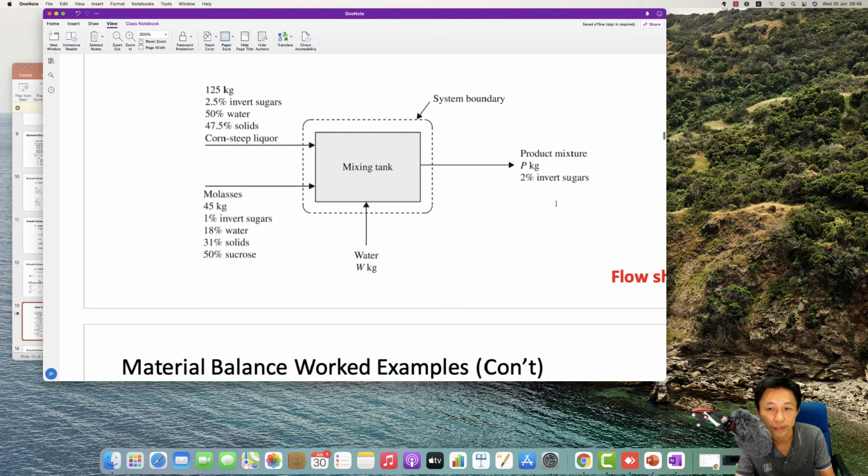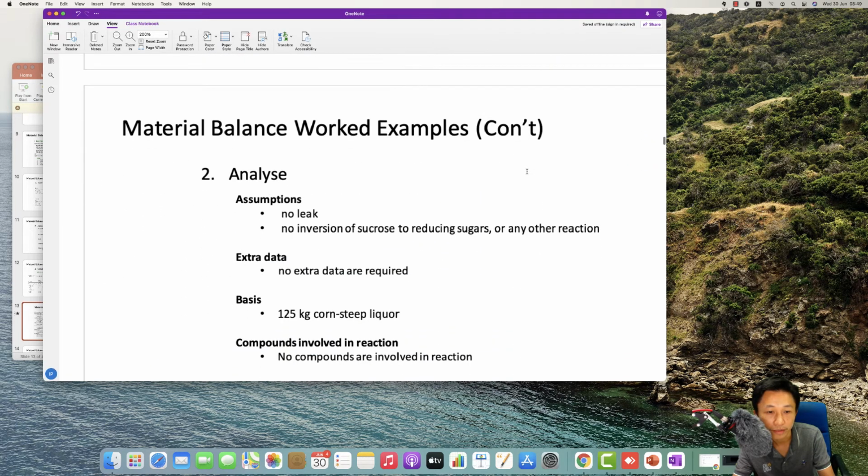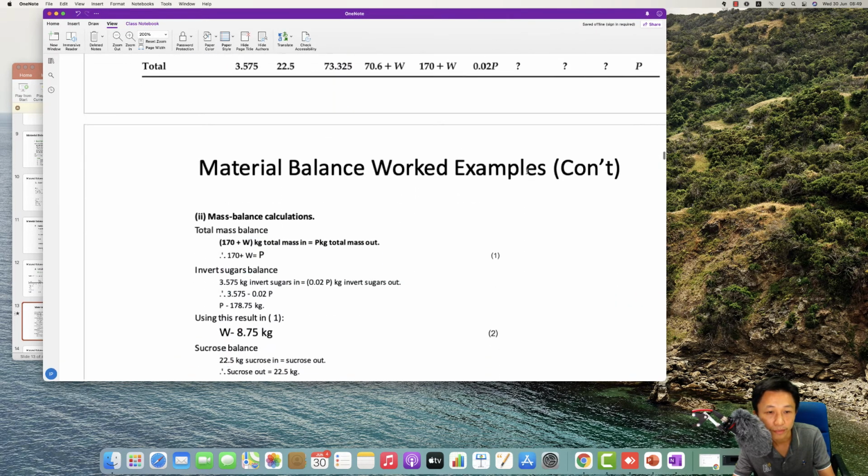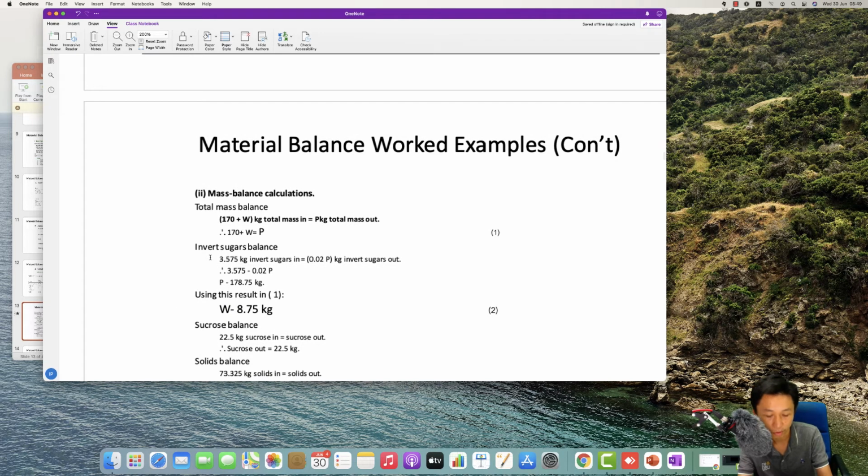So you need to have a sucrose balance. Sucrose is from this one and this outlet. We have P already, 178 point something.